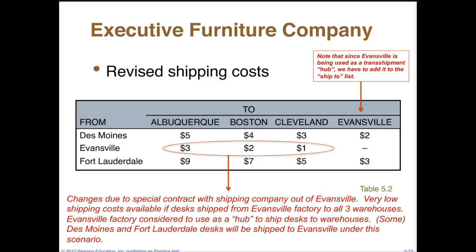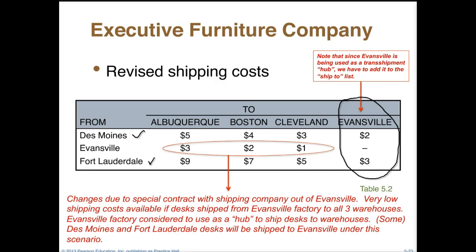Okay. Now, notice that because of that, we've actually had to add another column. And this other column basically says, all right, we now need to figure out how we're going to ship everything from Des Moines and Fort Lauderdale to Evansville as well. And so we have some new decision variables that we have to account for.